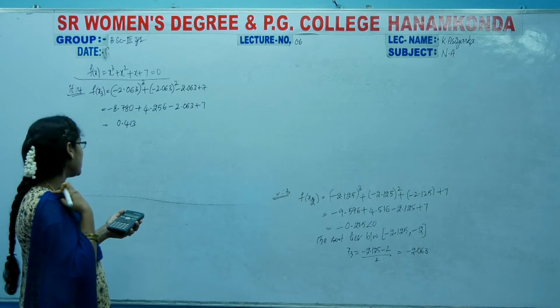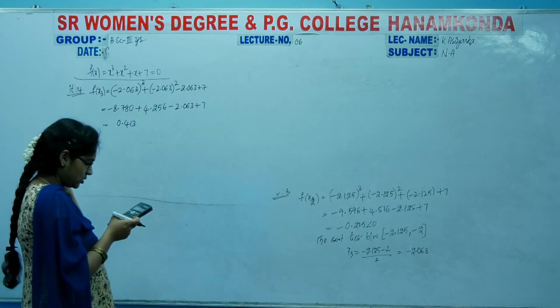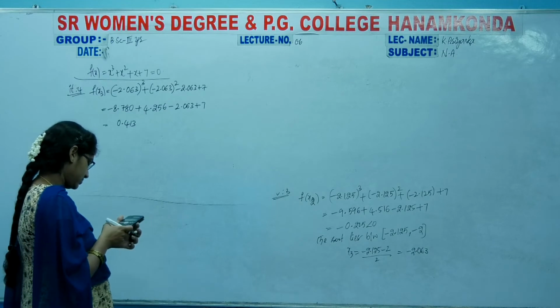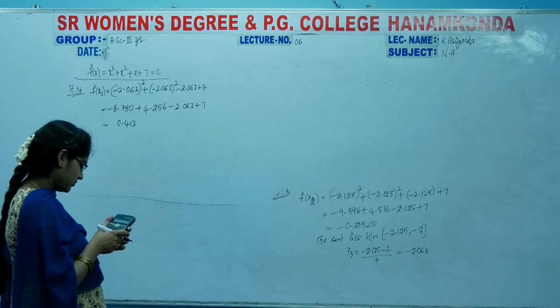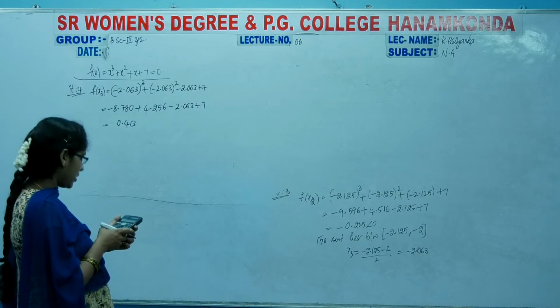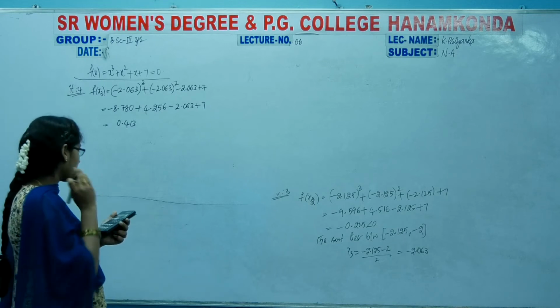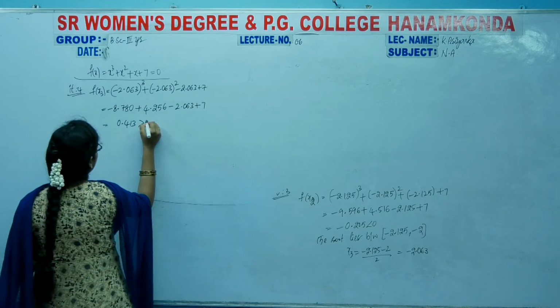Once again I am taking minus 8.780 plus 4.256 minus 2.063 plus 7, which is 0.413, greater than 0.